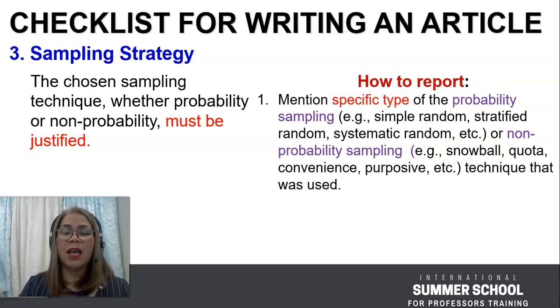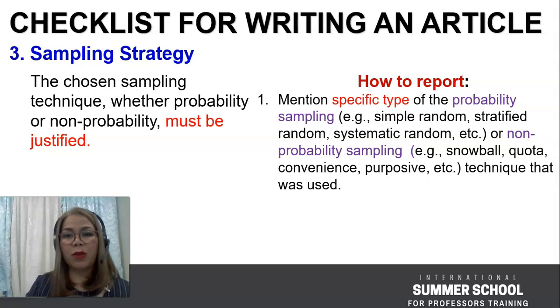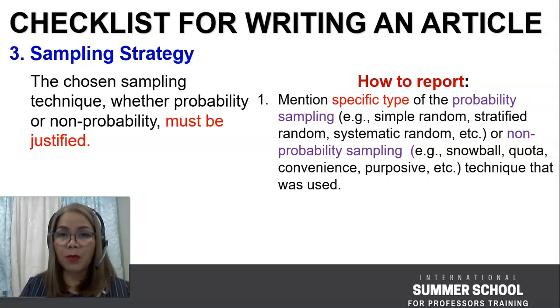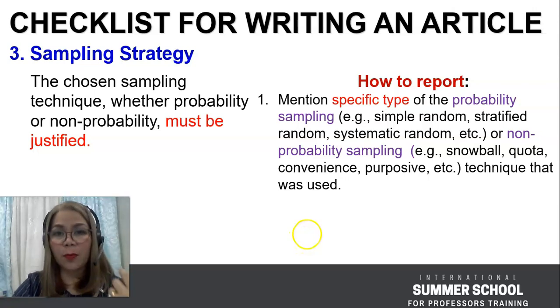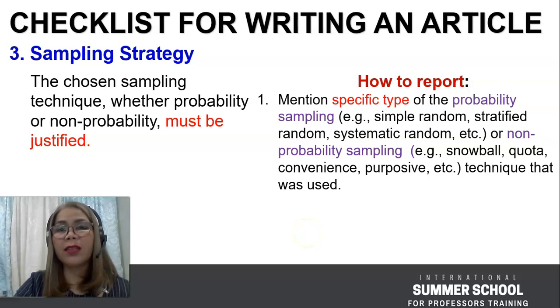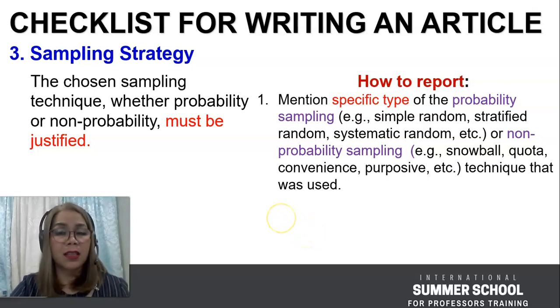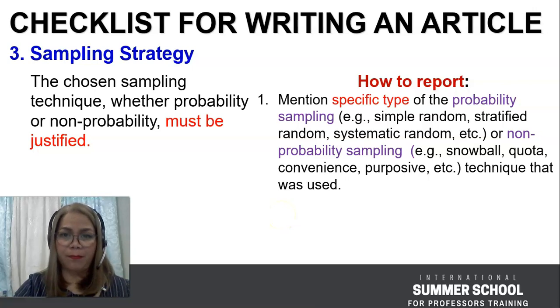You just don't mention this study employed probability sampling, but we have to mention this study employed simple random technique. And then you have to justify why. And then it's important that we cite who are the seminal authors about this different sampling technique.